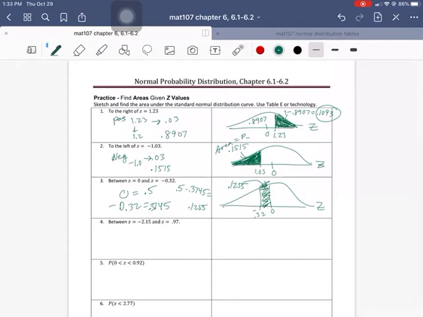Okay. Next one is another between. So positive 0.97 is, I don't know, right there, and then negative 2 something is down here, negative 2.15, and we're looking for the between.